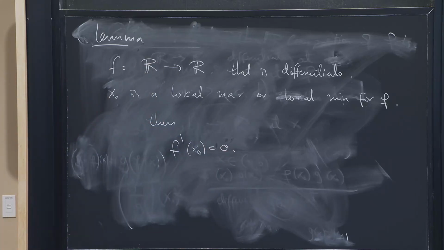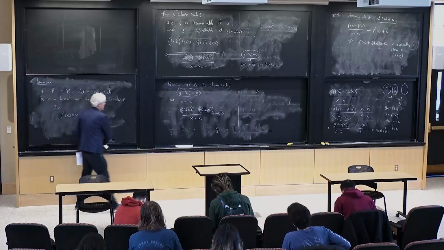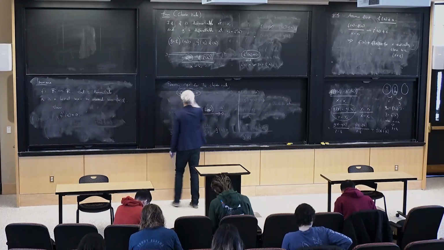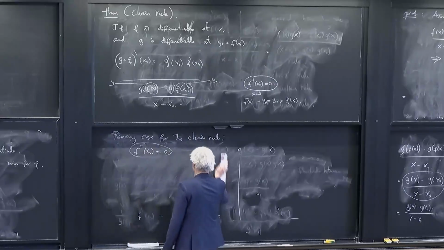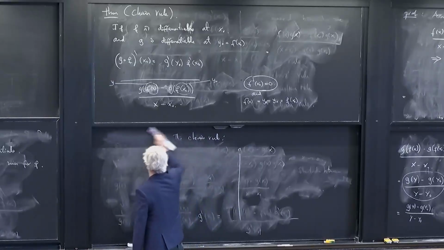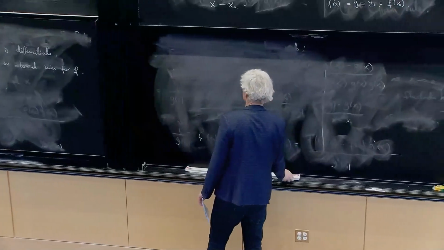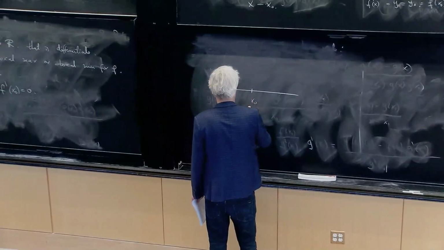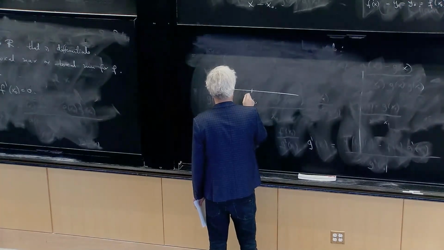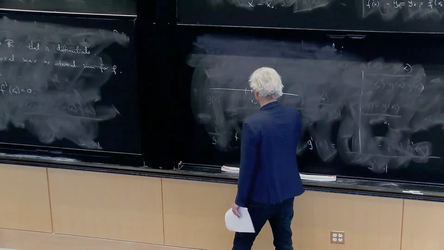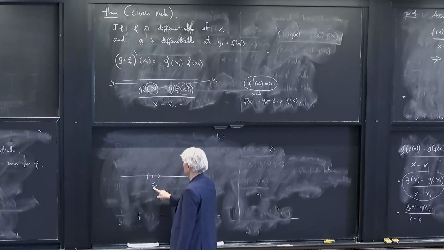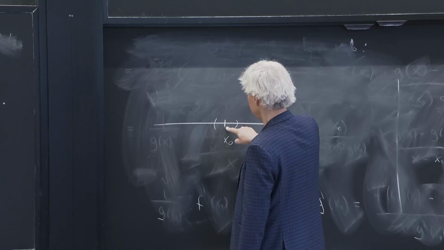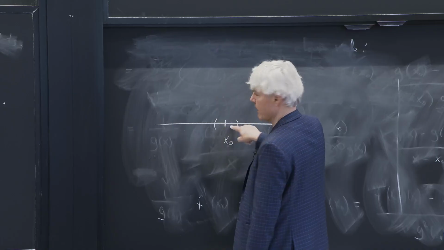Okay. Let me remind you what a local max and local min is. So if you take a function, so a local max, similarly for a local min, if you have a function here, you have here x0, a local max means that in a neighborhood of this point, the value at x0 is the maximum.